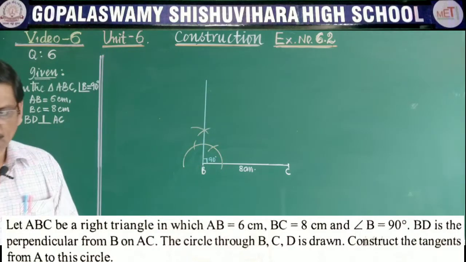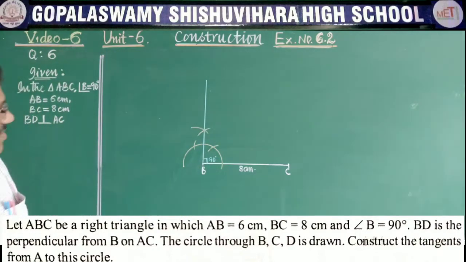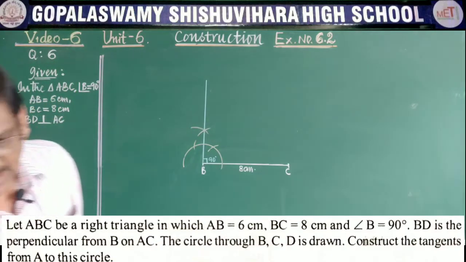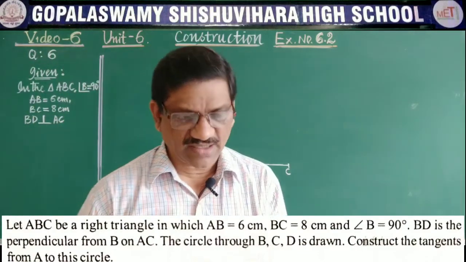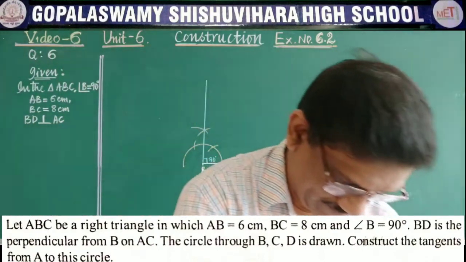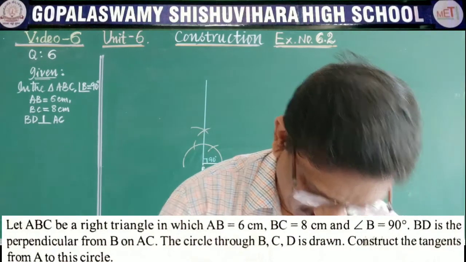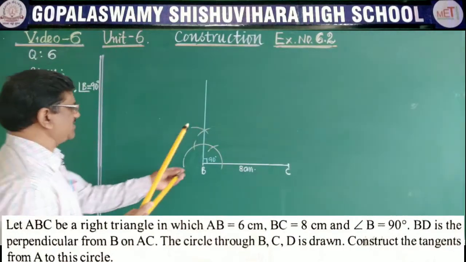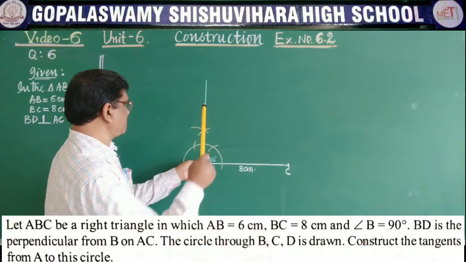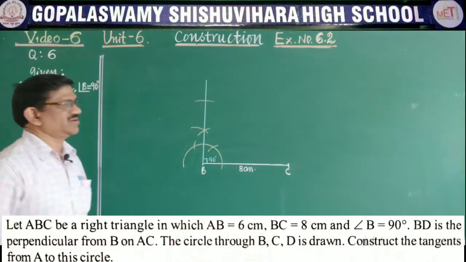Understood? So A comes somewhere here. What is the measurement of AB? AB is equal to 6 centimeter. Taking 6 centimeter radius in the compass, with B as a center, cut the arc.